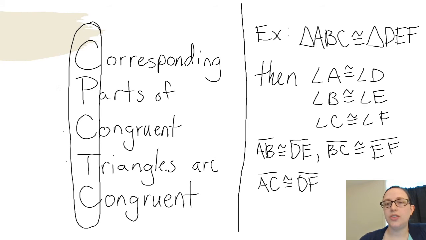Just based on the order of the letters, we know that angle A is equal to angle D, B is congruent to E, and angle C is congruent to angle F. We also know based on the order of letters, side AB is congruent to side DE, BC and EF, and then AC and DF.